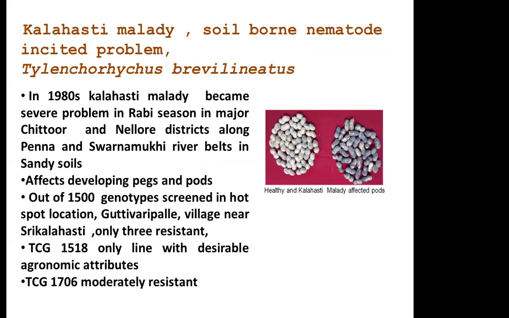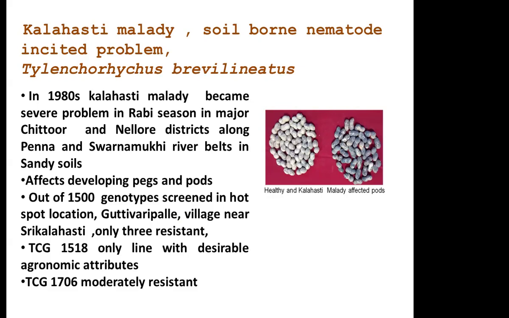And we have a location-specific problem called Kalahasti malady. This is caused by the soil-borne nematode, Tylenchorhynchus brevilineatus. In the 1980s, it became a severe problem in Rabi season in Chittoor and Nellore districts, along river belts of Penna and Swarnamukhi, mostly in sandy soils.